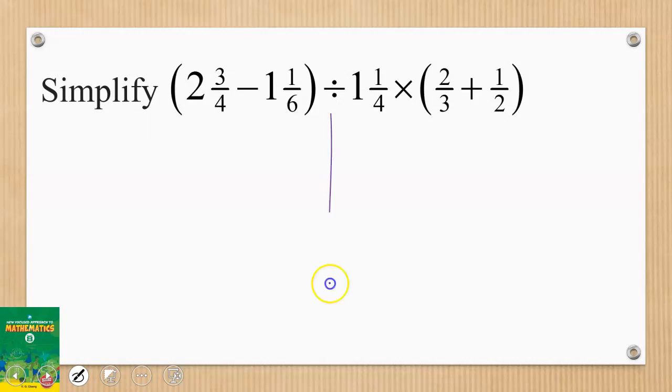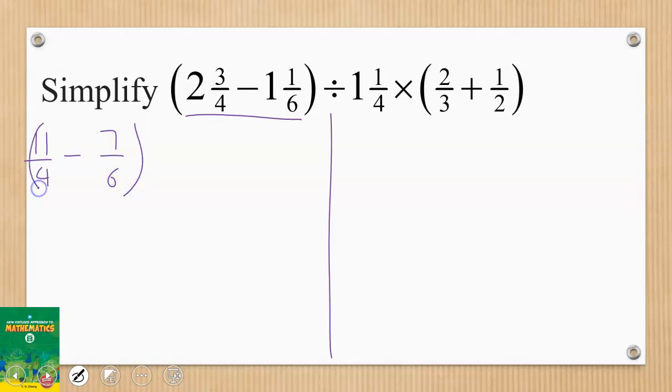Good. So here we have bracket, we have division, we have multiplication, and again bracket first. And so I'm going to start with the bracket here, which I can change to an improper fraction as 4 times 2, 8 plus 1 plus 3, 11 on 4, minus 1 times 6 is 6 plus 1, 7 on 6.